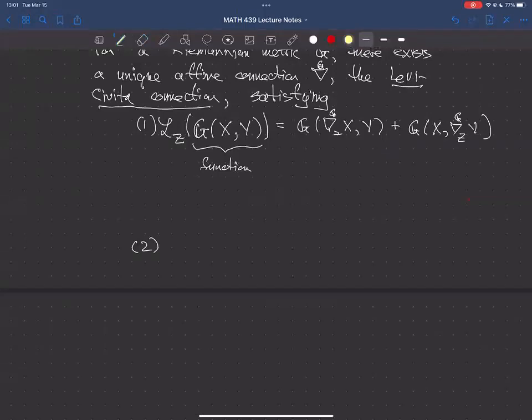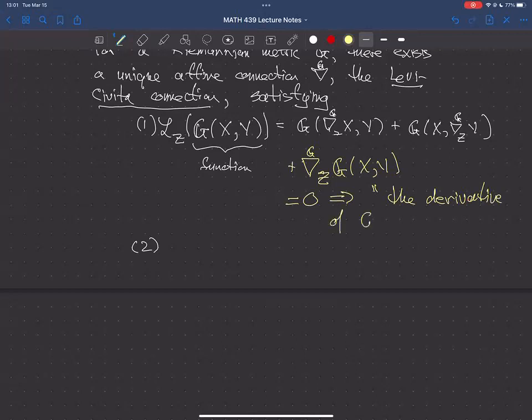So the term that's missing here, as I said, is this nabla Z G of X and Y. This term is the one that's not there, and this thing being equal to 0 implies that again the derivative of G with respect to nabla G is 0.